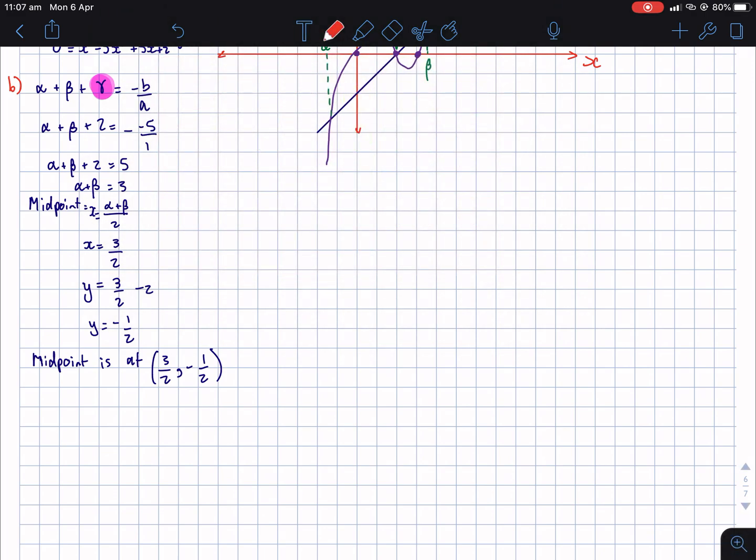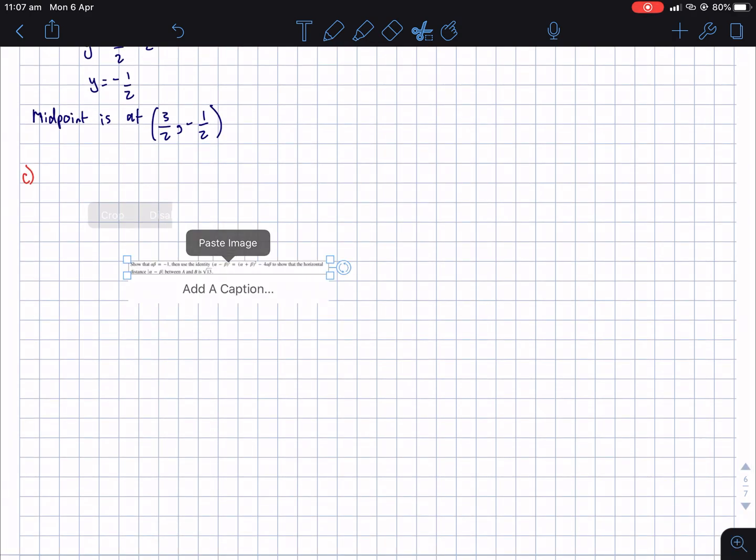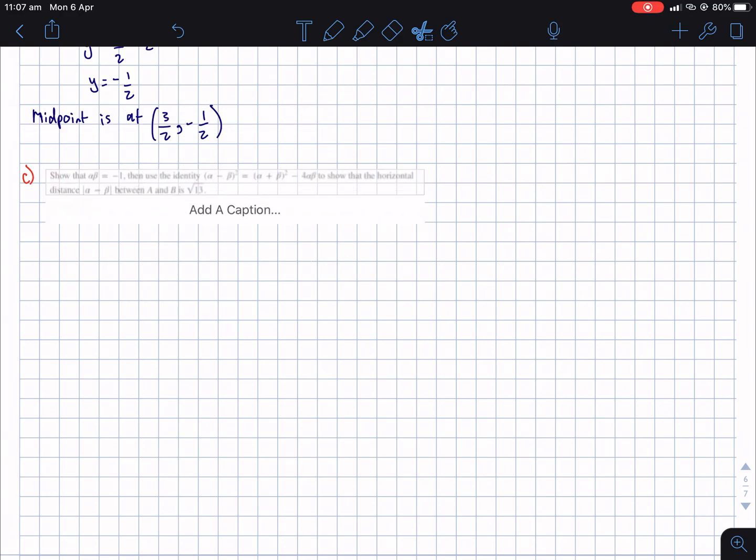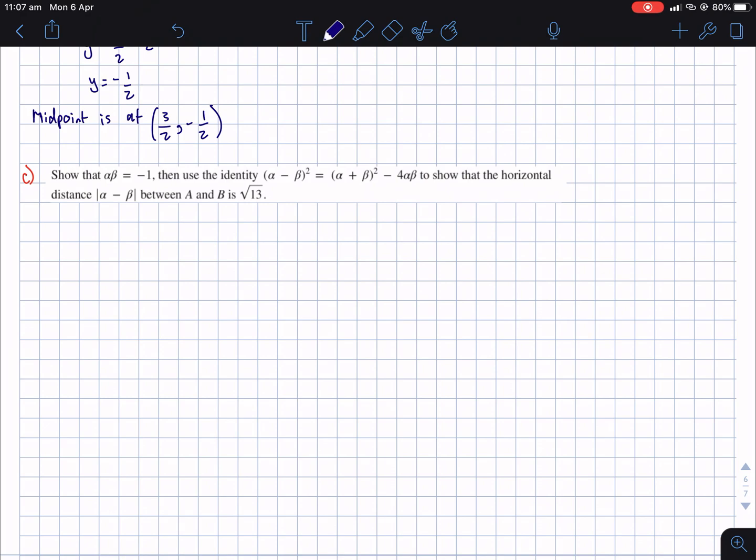Okay, for C, show that these times together equals -1, and then use that identity. I'm going to copy this question. Now, when we have roots, we know for a cubic, alpha times beta times gamma equals c on a, yeah?